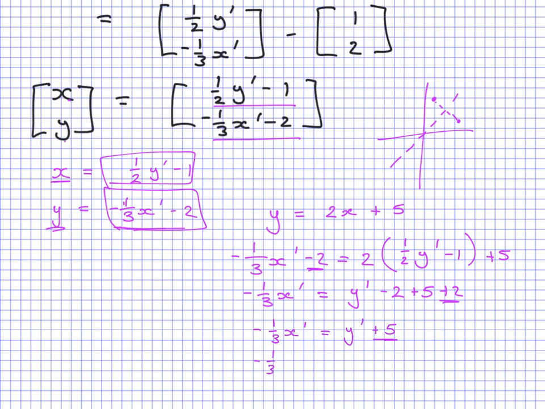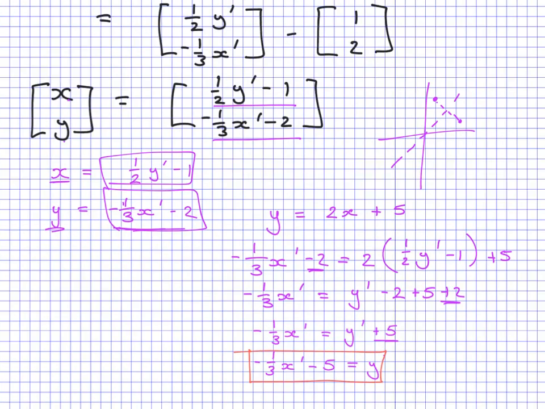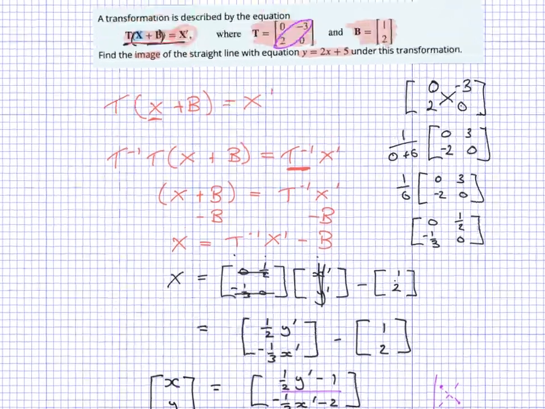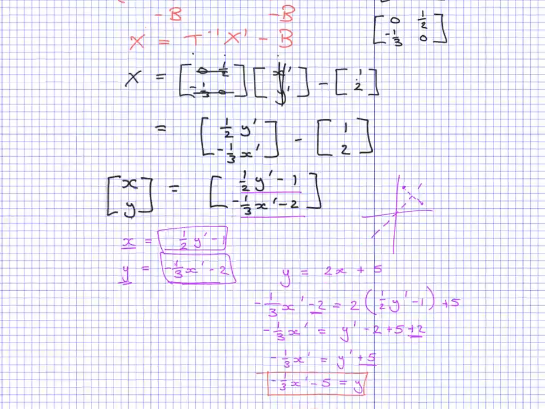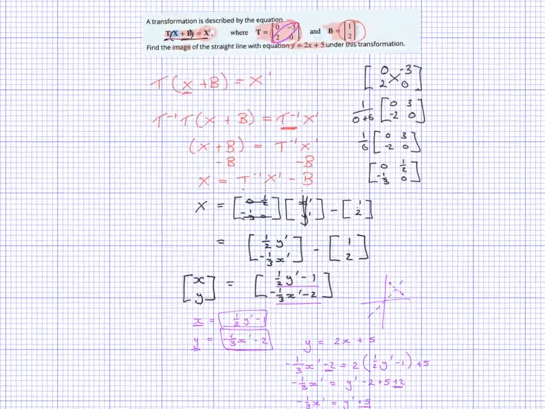So minus 1/3 x image equals, oops, missed the plus 5, minus 5 equals y image. So then this is the equation of the new line after it's undergone the transformations given by this transformation matrix and that translation.